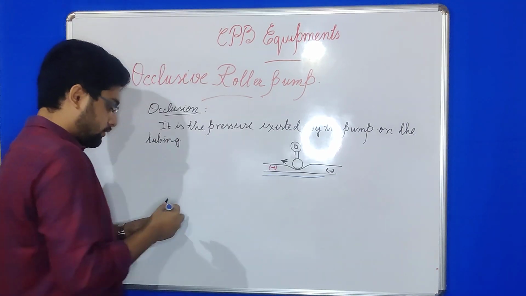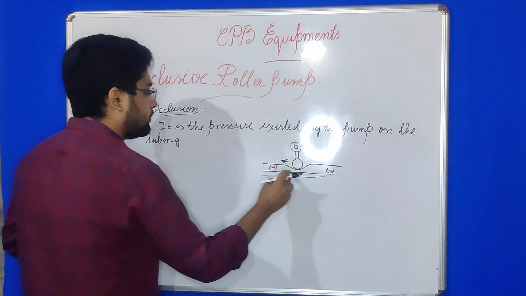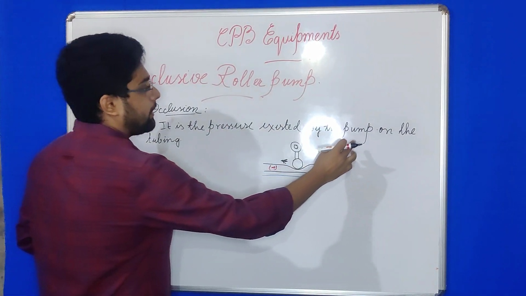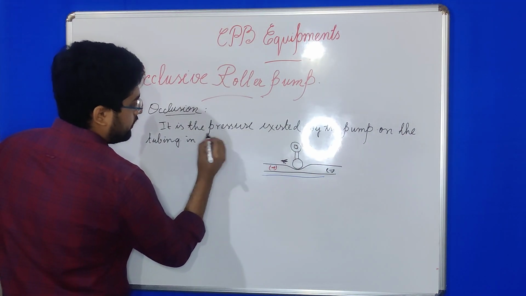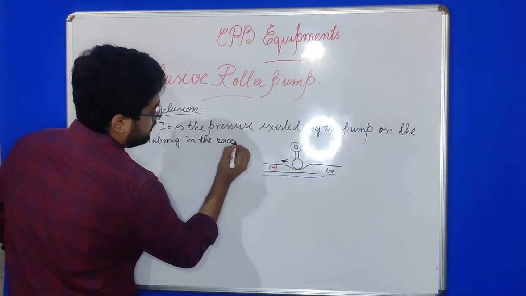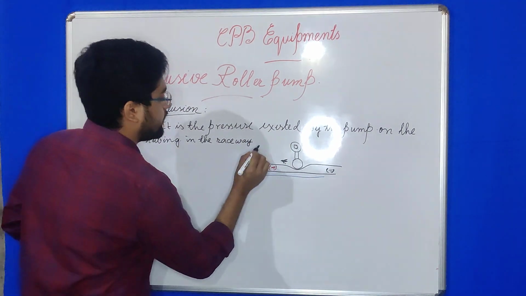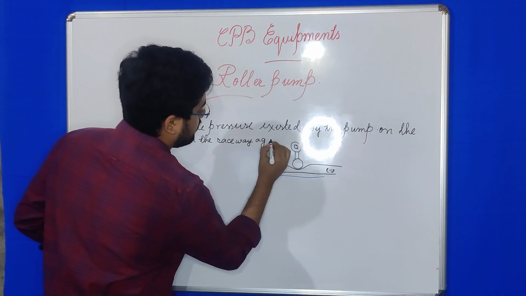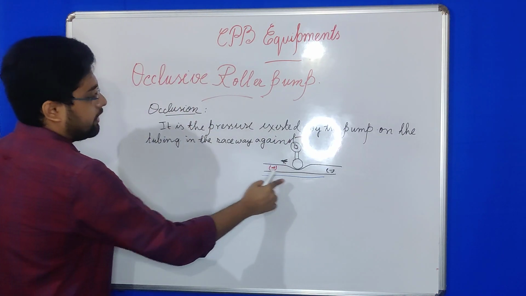This is one side of the roller pump I am drawing. So where is the tubing? The tubing is in the raceway. So the pressure is exerted by the pump on the tubing which is in the raceway, and this pressure is exerted against the back plate.